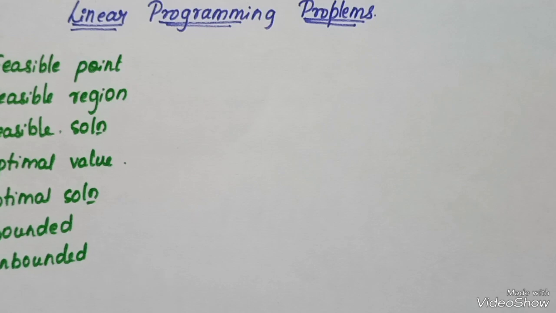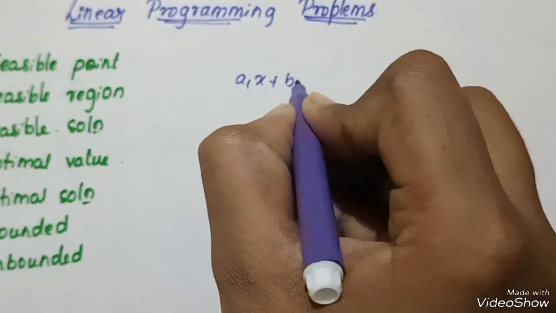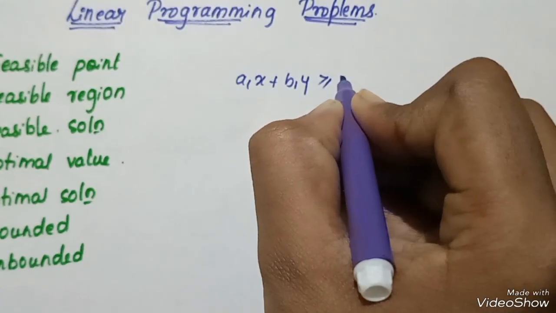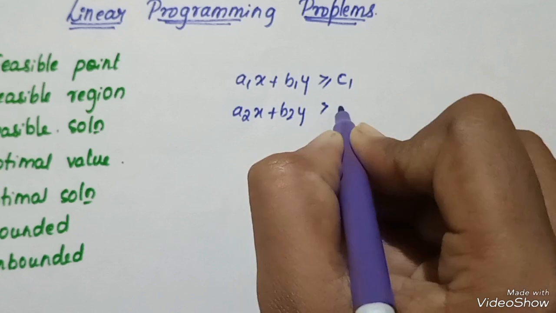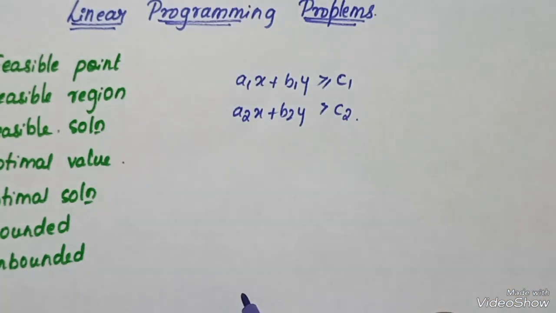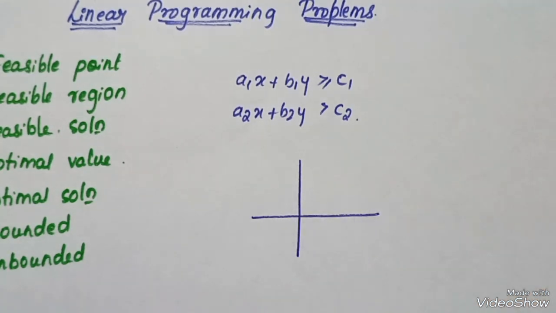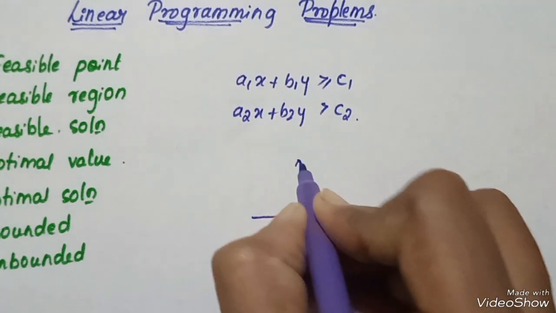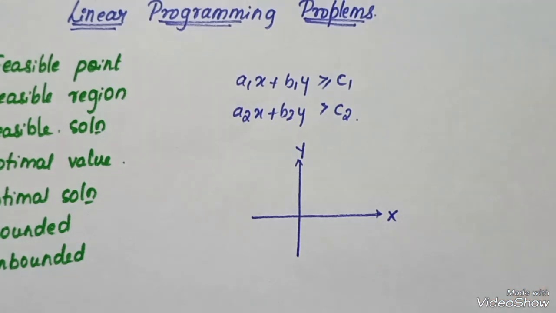If we have two equations of the form a1x plus b1y greater than or equal to c1, or a2x plus b2y greater than c2, and similar ones, then by using the xy plane we have to draw the graph, taking x and y values from the equation. Here we study the same method and draw the graph in the same manner.